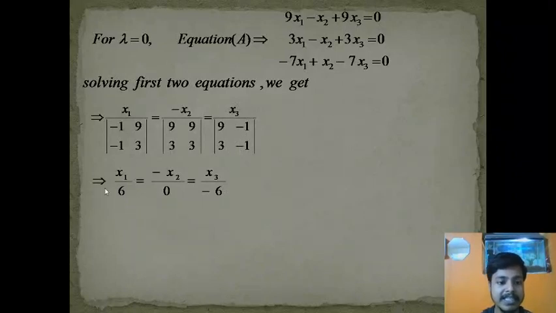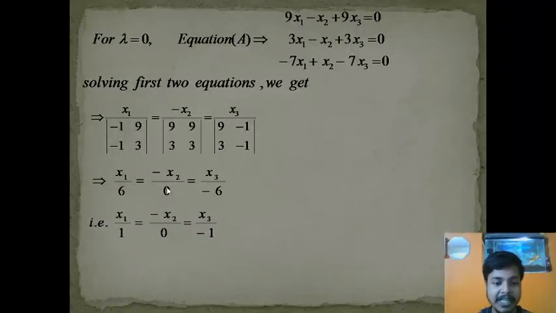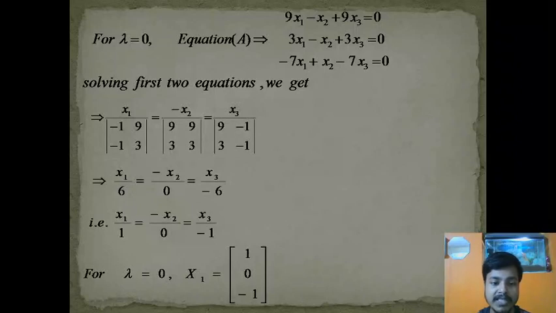As you can see, in the denominator we have values that are multiples of 6, so just divide by 6. You'll be getting this. So what we have got is the eigenvector x1 corresponding to the eigenvalue lambda equal to 0, and that eigenvector is 1, 0, minus 1.